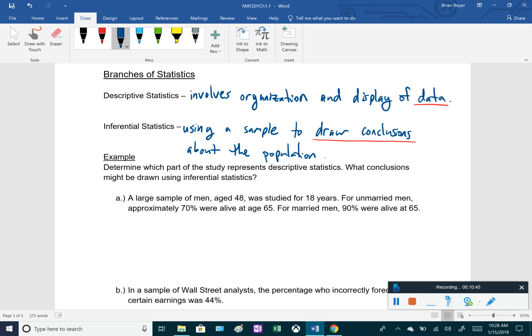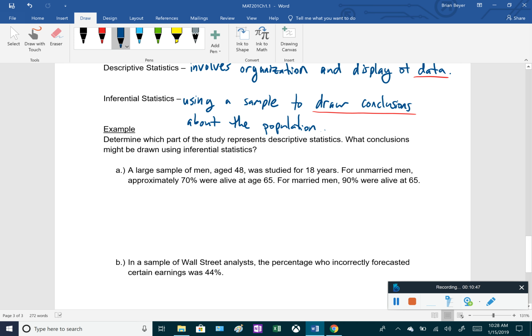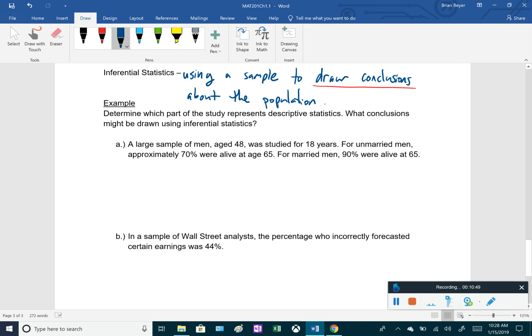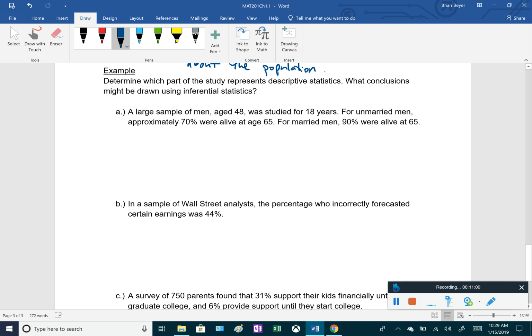Okay, so let's do some examples for determining what part of the study represents descriptive and how we can draw conclusions based on the descriptive statistics. So for this first one, we have a large sample of men aged 48 was studied for 18 years, and it was found that for unmarried men, approximately 70% were alive at the age of 65, and for married men, 90% were alive at 65.